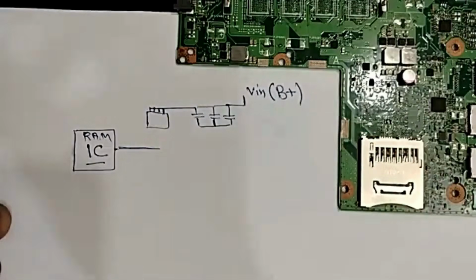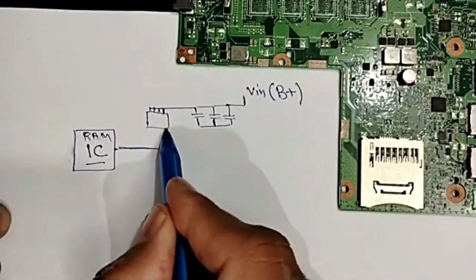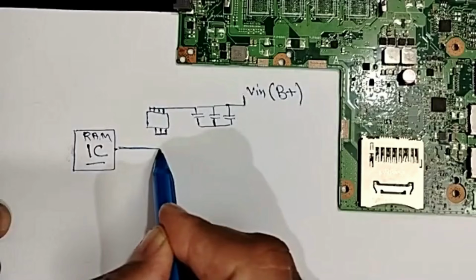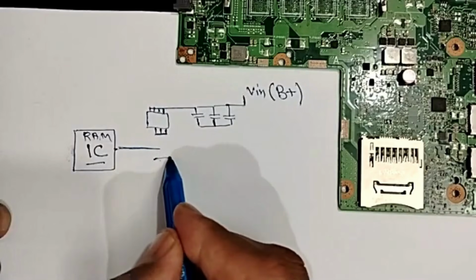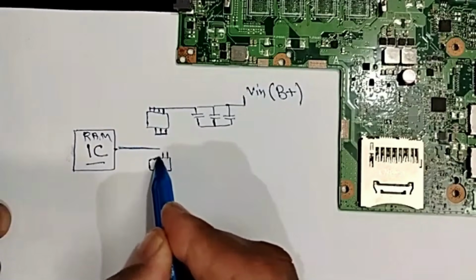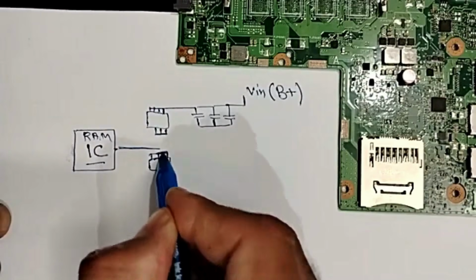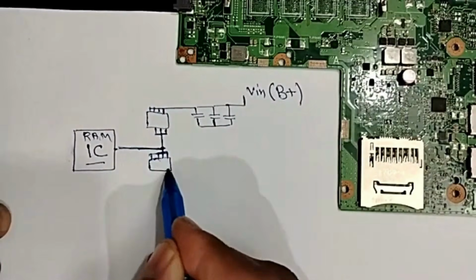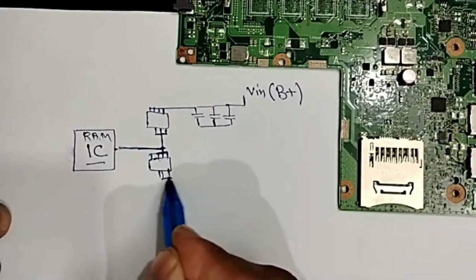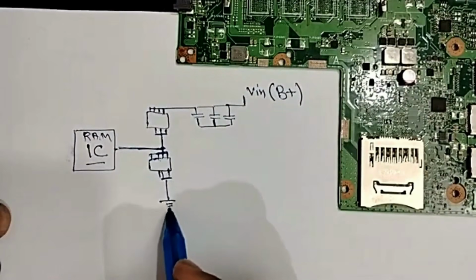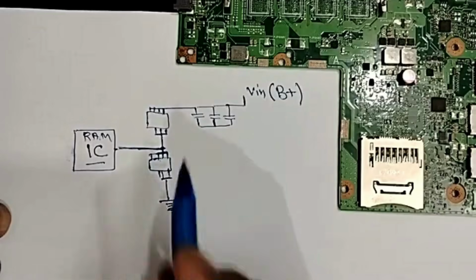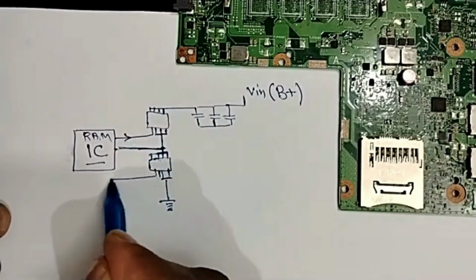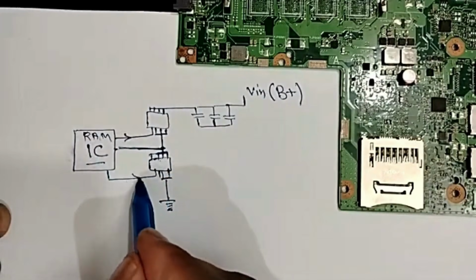Then the source of this MOSFET will be connected to the drain of another MOSFET here. The second, or the lower, MOSFET is always connected to the ground. These two MOSFETs are controlled, as you can see, by this IC.